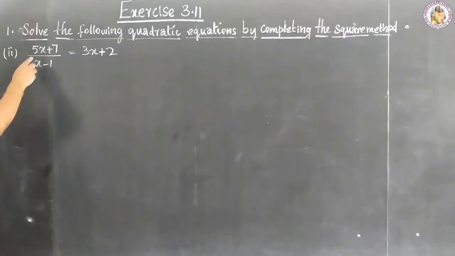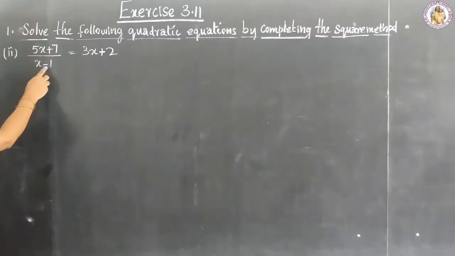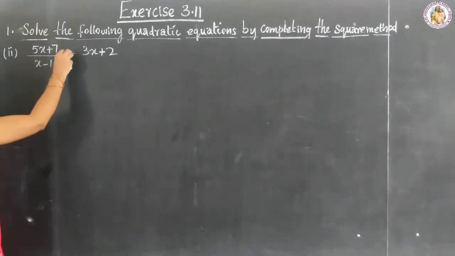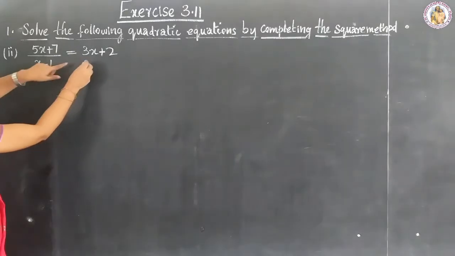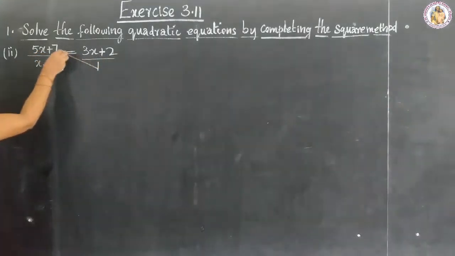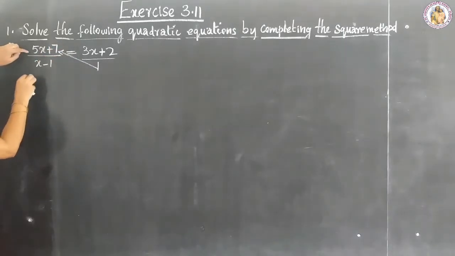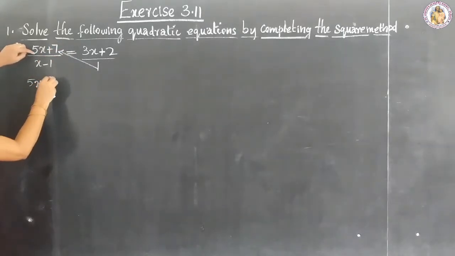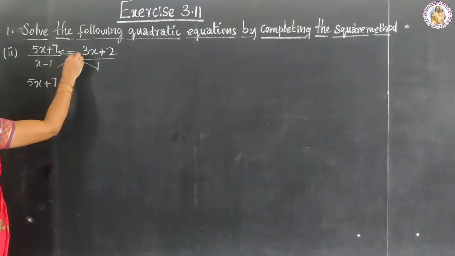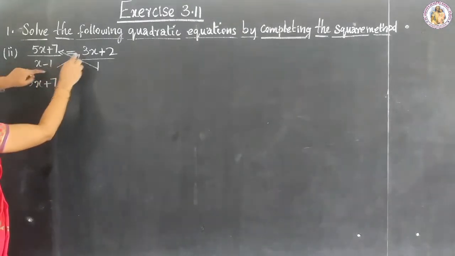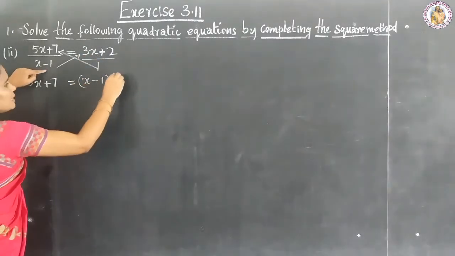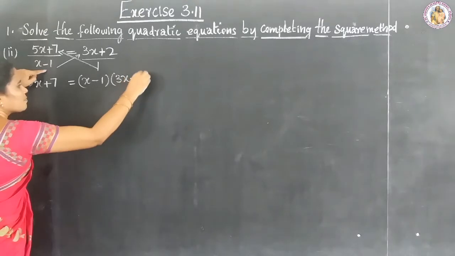Question number 2. 5x plus 7 divided by x minus 1 is equal to 3x plus 2. As it is given as equal to, we can do cross multiplication. Considering the right side as 1, multiply 5x plus 7 with 1 on one side, and on the other side multiply x minus 1 with 3x plus 2.